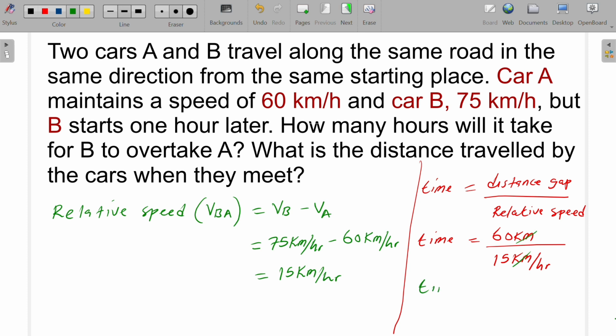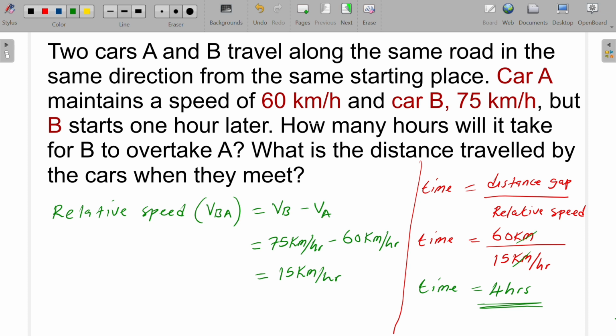So time is equal to 60 divided by 15. According to my calculator, I'm getting 4. So it means it will take car B 4 hours to overtake car A. So this is the time we're looking for. How many hours will it take for B to overtake A? That's 4 hours.